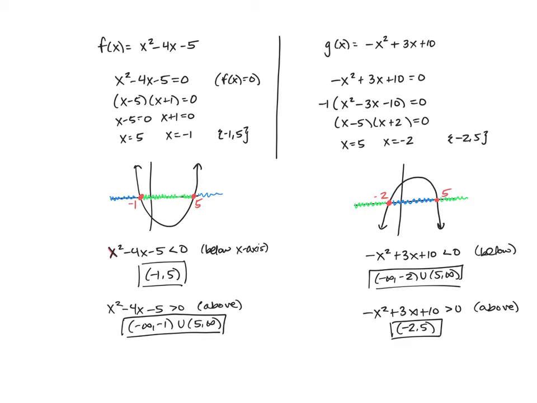But if your parabola is opening downward because of a negative value for a, for the part where it is less than 0, you'll have two solutions, and the part where it's greater than 0, you'll have one solution. So find your x-intercepts by solving the equation, and then think about the graph when you go to solve the inequalities.